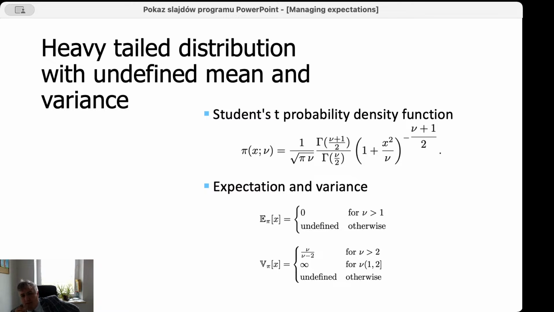If, however, the number of degrees of freedom is 1 or less, then the expected value of this function, the mean of this function, does not exist.